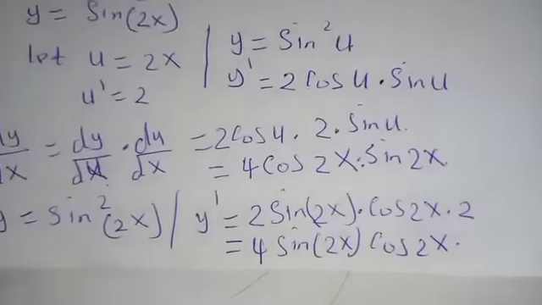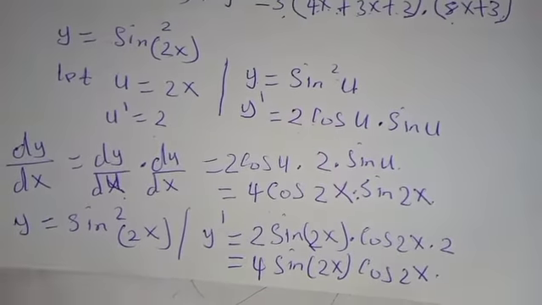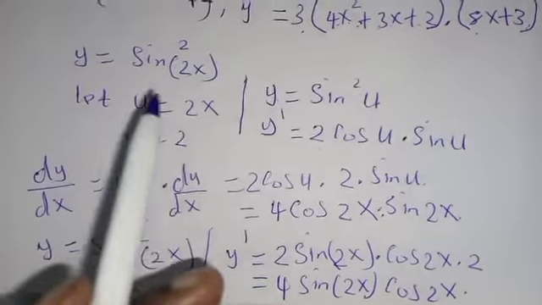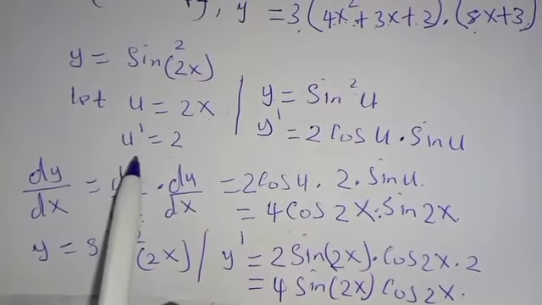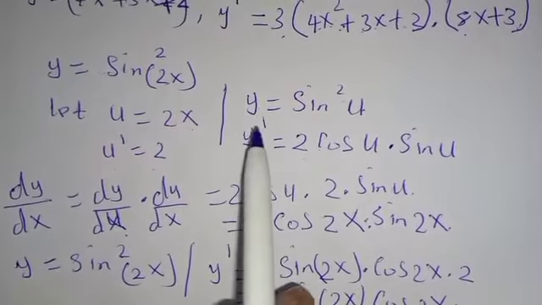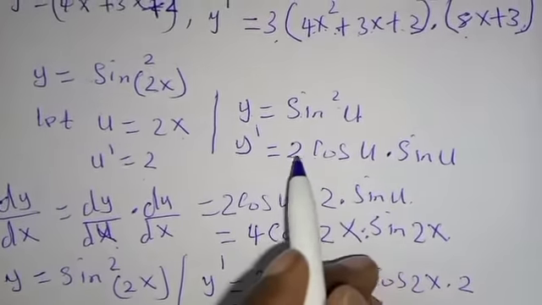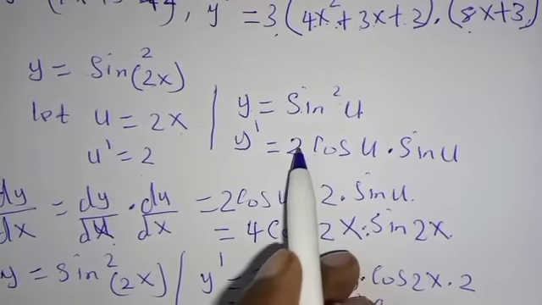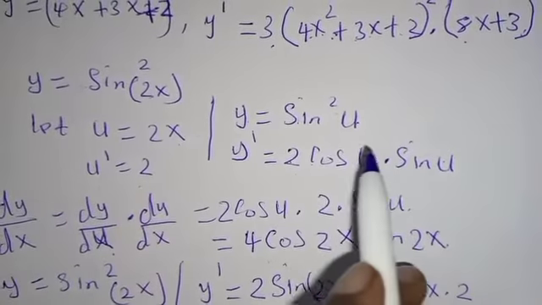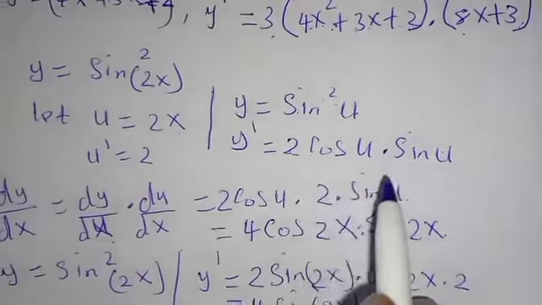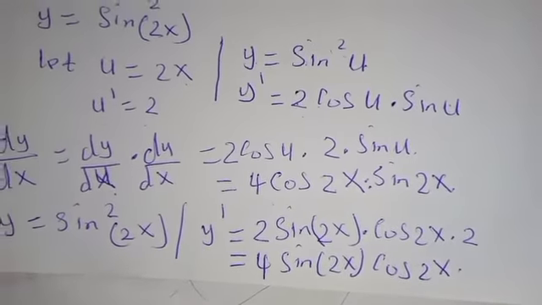So that is how we apply the chain rule to solve the problem in an easier way. So you let this value be 2x, then u prime is 2, y is sine squared u. You apply the power rule here, whereby you drop the 2 down, keep this, reduce the power by 1, and differentiate this. Sine differentiated is equal to that, and your value will be this one as shown there.